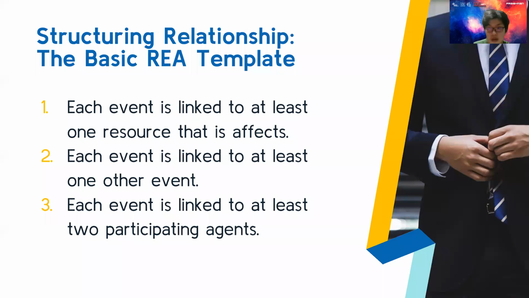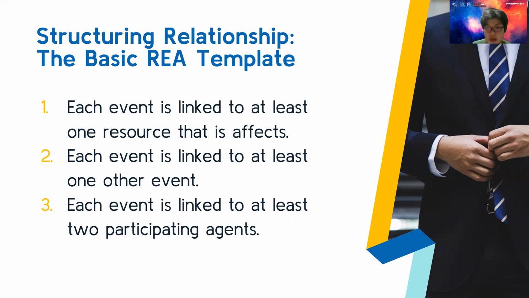Each event is linked to at least one other event. This is a give-to-get duality: give goods to get cash for the sell cycle, get goods to give cash for the expenditure cycle.